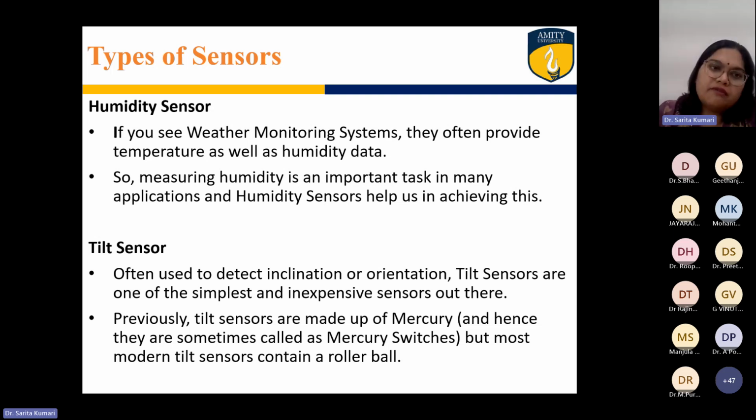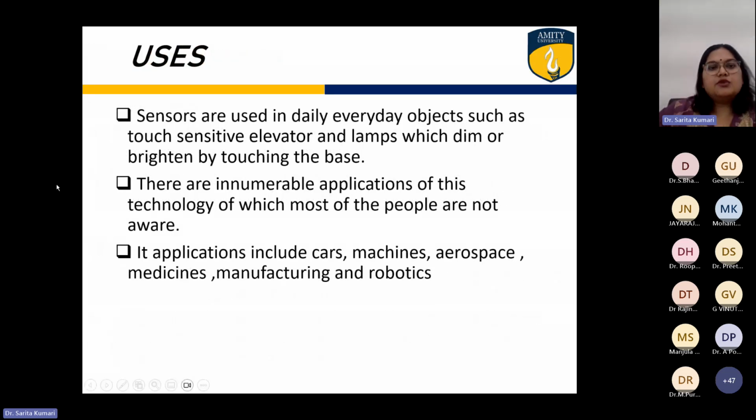In soil monitoring, we measure the humidity level in the soil. Humidity is also required in terms of atmospheric humidity. There also we use the humidity sensor for weather forecasting or weather monitoring. Now the next is the tilt sensor. It is used to detect the inclination or orientation of a device.